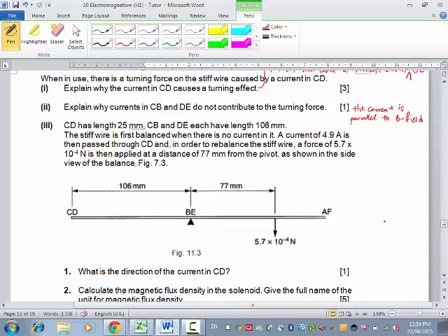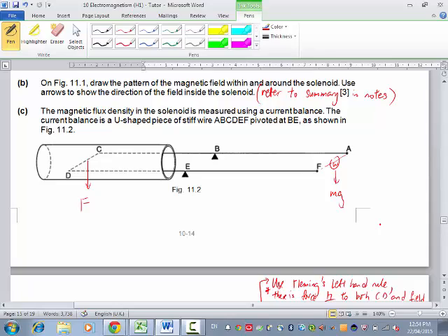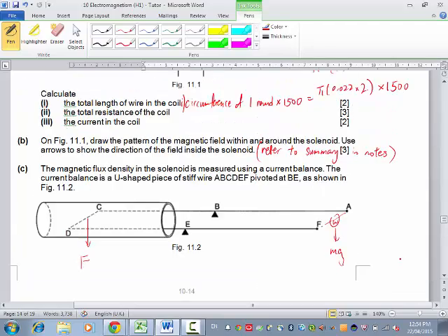So what is the current in CD? Let's continue. You can see from this picture, in CD the current must be flowing from C to D, because the magnetic field is pointing in this direction. Because the magnetic field is pointing this way, you apply Fleming's left hand rule, then you can get the force in that direction.